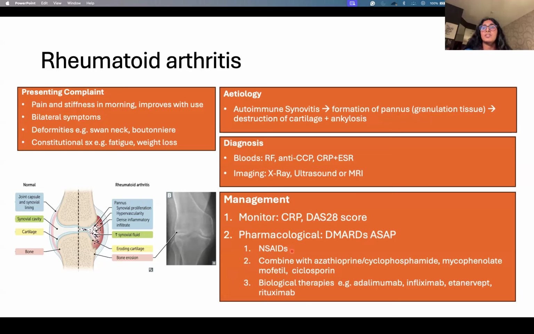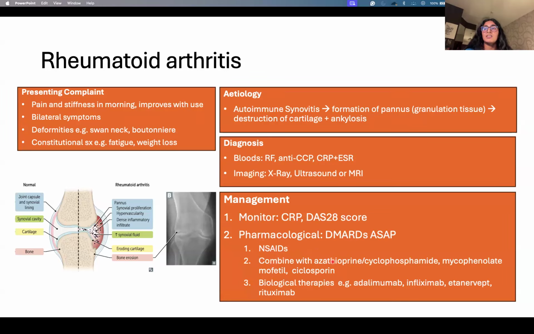Obviously start off conservative with NSAIDs, but it's important in rheumatoid to get started on DMARDs, which are disease-modifying anti-rheumatic drugs. That's something important for SBAs to remember. NSAIDs are going to be helpful for the pain, but they're not going to stop further damage, so get them started on this immediately.